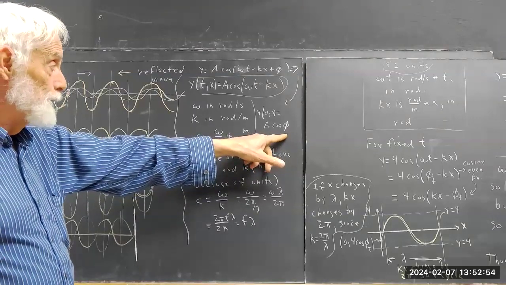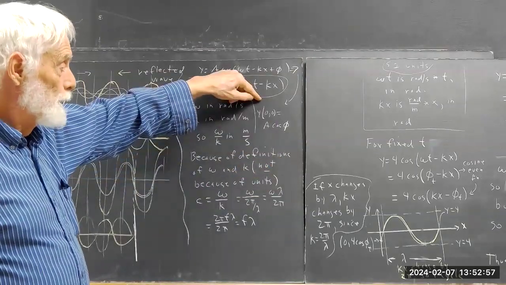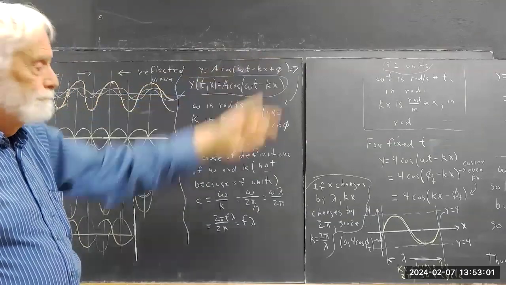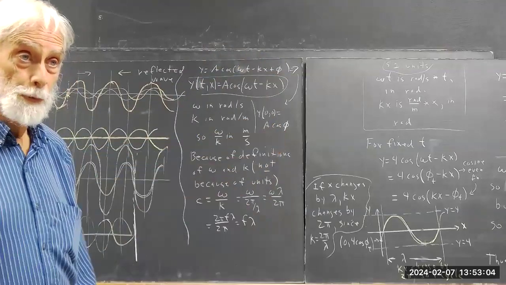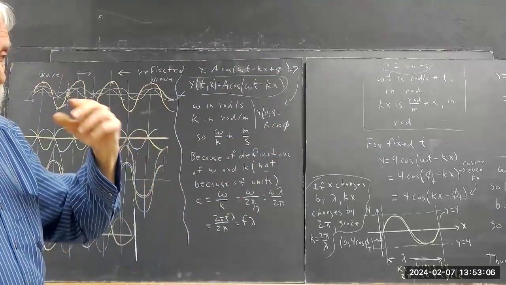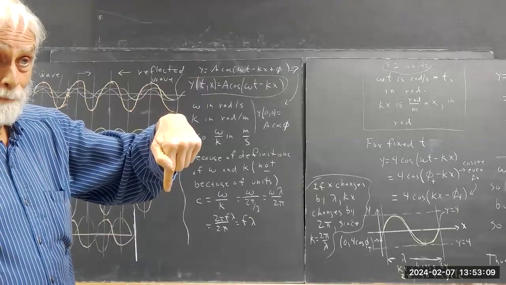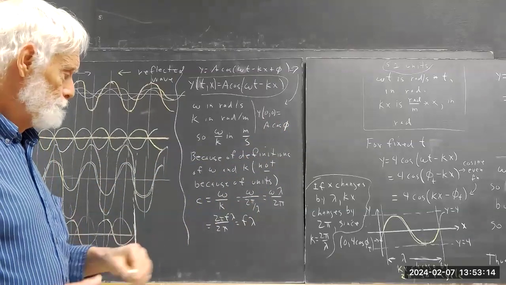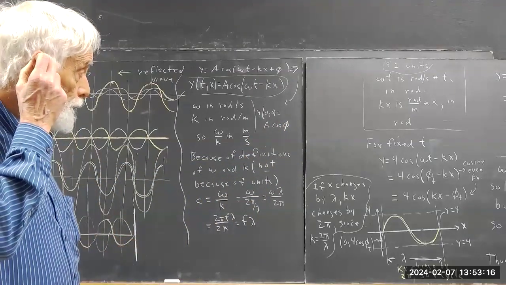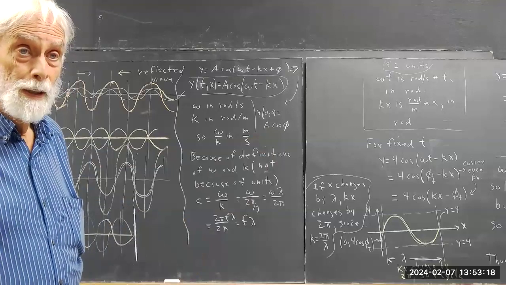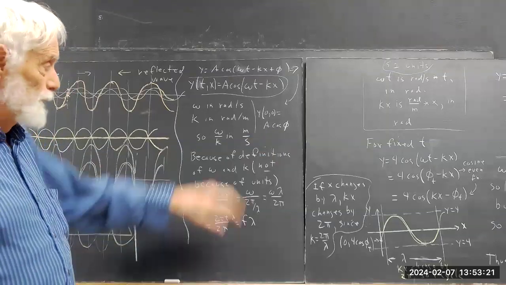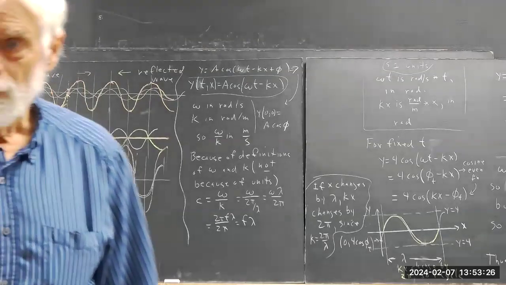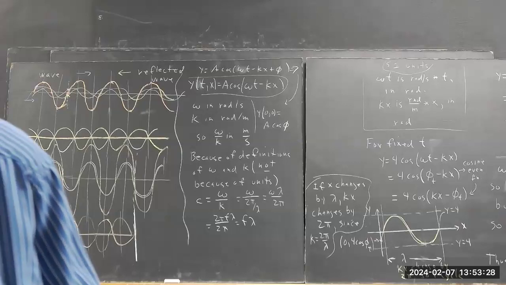So phi is just the inverse cosine of whatever your initial position is over A. Now, there are two values of phi that will give you the initial position. You also have to consider whether it's at this position going up or going down. You've got to look at the derivative, something you should have seen in differential equations. It's a pretty typical thing. If we run into it, we'll do it, but that's pretty much what you need to know at this point. Phi allows you to adapt to whatever your initial conditions are.